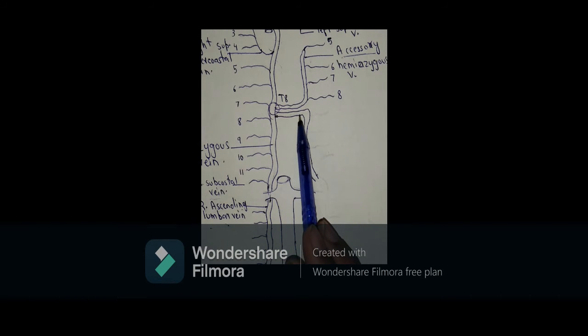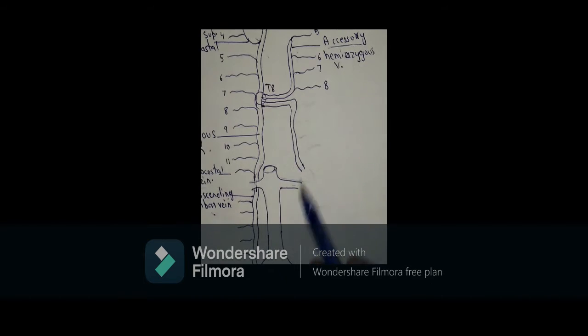This right here is the branch which arises from the azygous vein at the level of T8th vertebra, and this is called the hemiazygous vein.